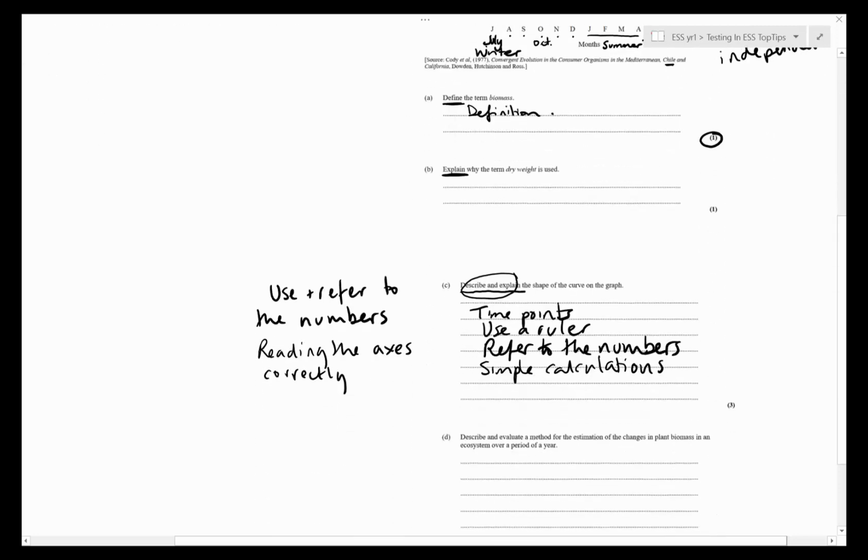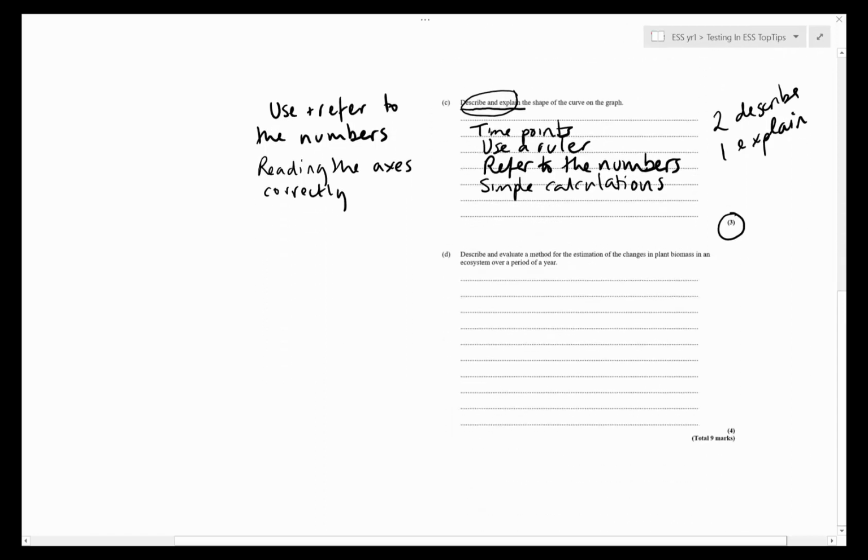And here we're looking at 3 marks, okay? So you're probably going to be talking about, in this case, 2 marks, describe, and 1, explain, or it could be the other way around. There's probably flexibility in the mark scheme.